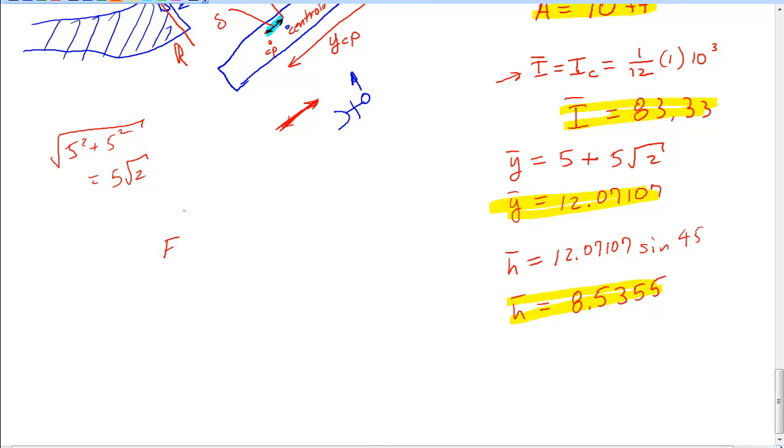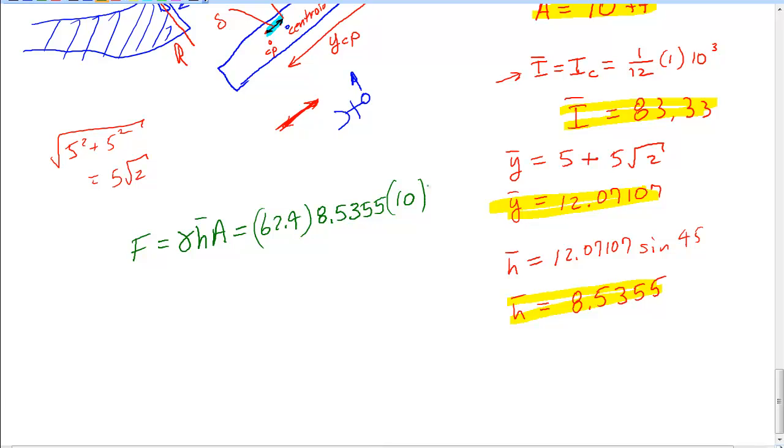So, go back and say, F is equal to gamma h bar area. Nothing more than, where's my gamma? It was 62.4 times h bar, apparently 8.5355. And then area was just 10.